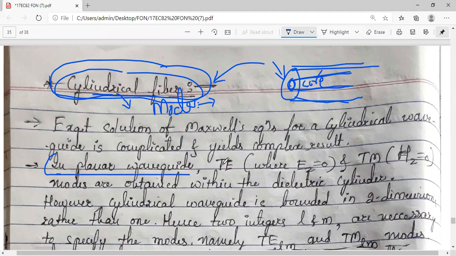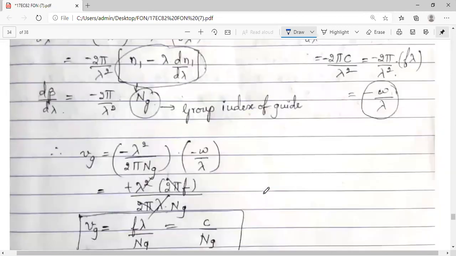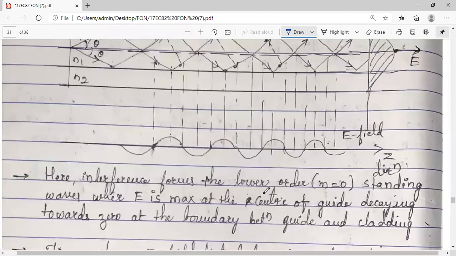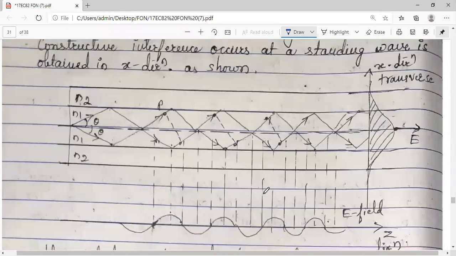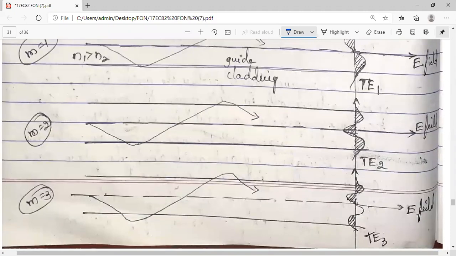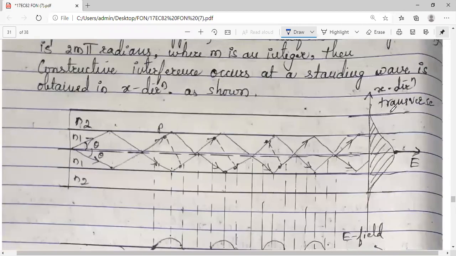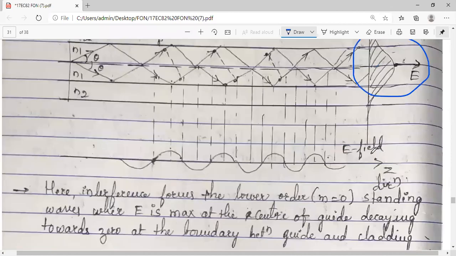In the planar waveguide, we know that TE and TM modes are obtained. I can just show you the slides very quickly. Here you can see TE1, TE2, TE3, different modes depending upon the number of crossings, 0, 1, 2, 3, and basically the fundamental mode, the one with m equal to 0. So TE mode, similarly TM mode also.